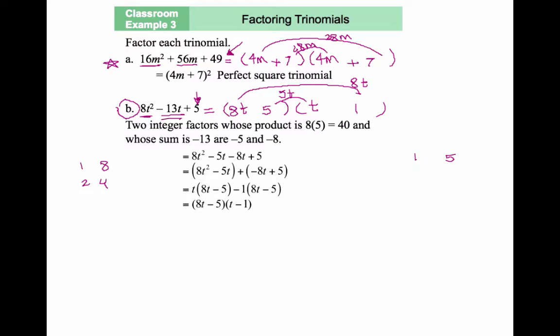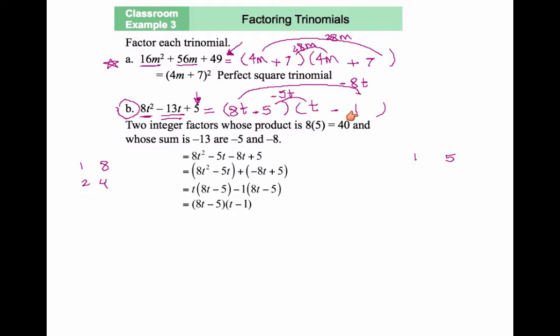If both of them are minus, then I can make minus 13t out of that. And then you always want to check the last term. Minus 5 times minus 1 is equal to plus 5. Everything is correct. The sign is positive.